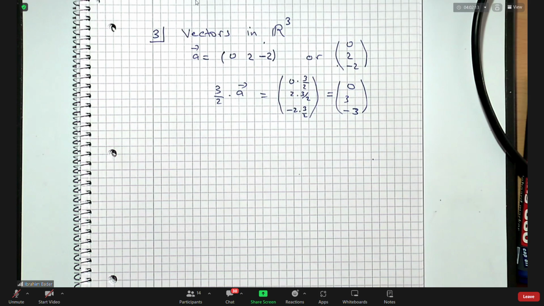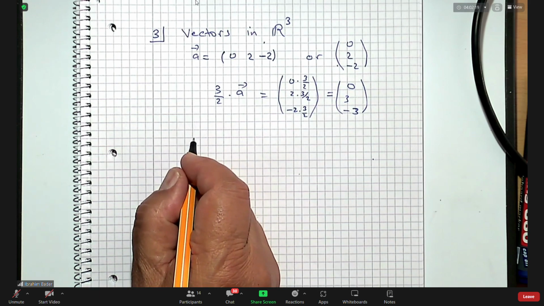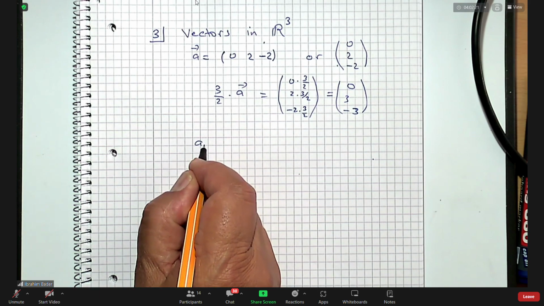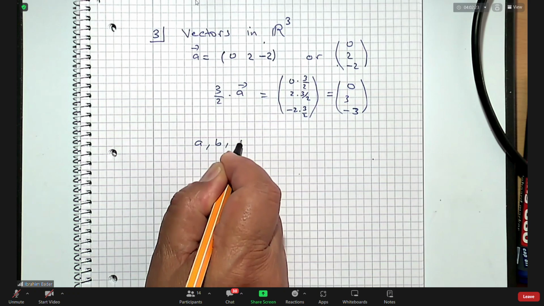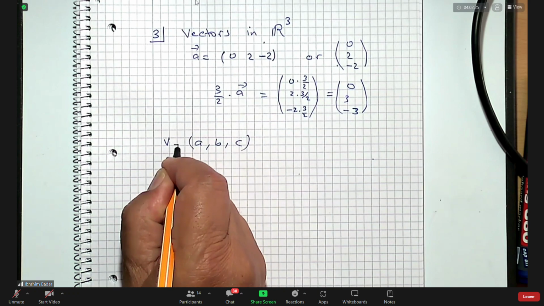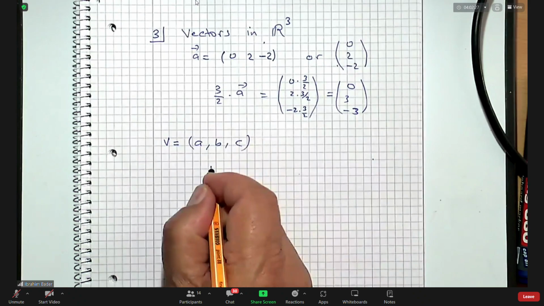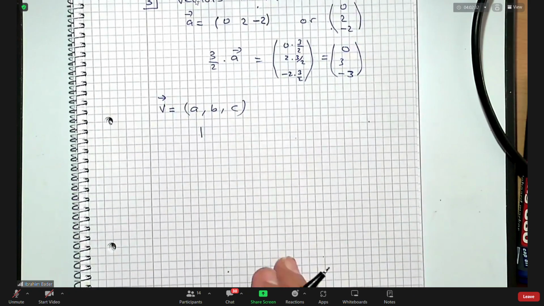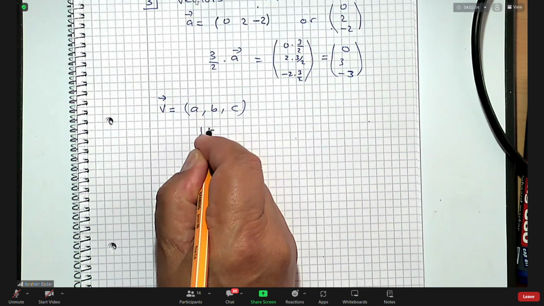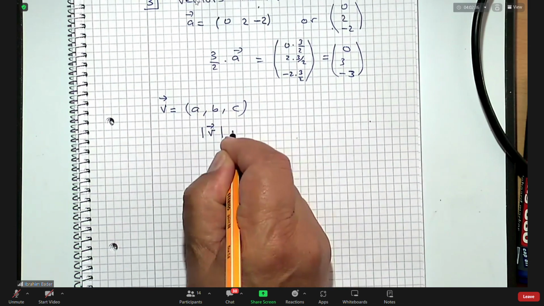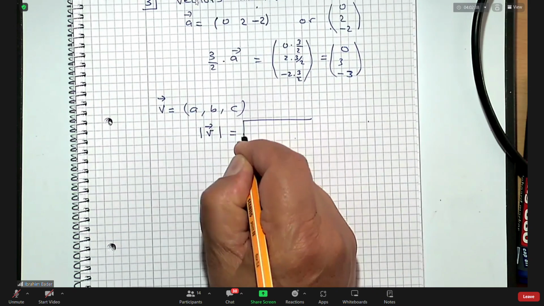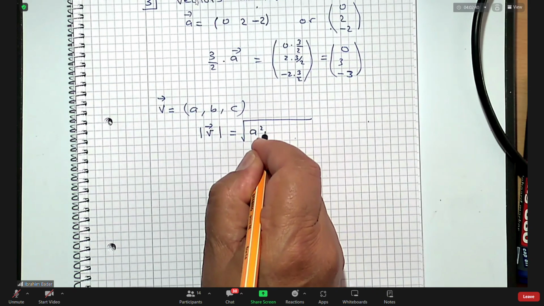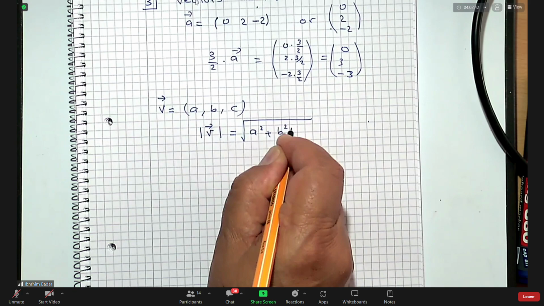Now the other thing is the unit vector. If you have a vector in general, let's say a, b, c in R3, then the magnitude of this vector is simply defined as the square root of a squared plus b squared plus c squared.